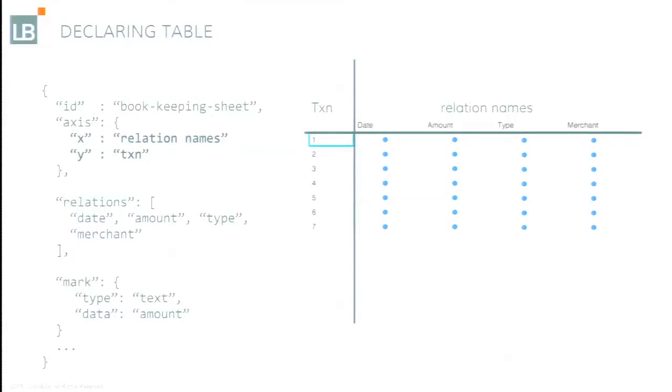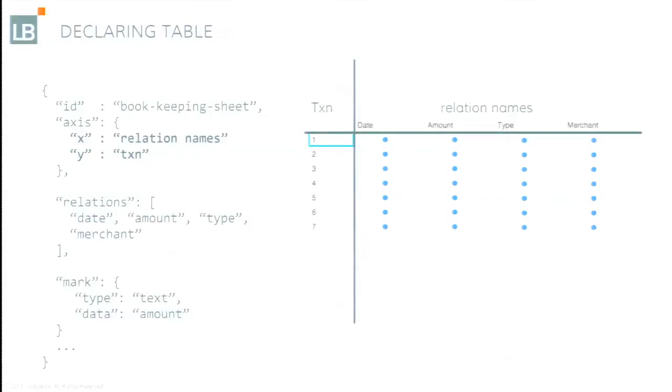And I can restrict the relation names that are used so that I don't display every relation in my system. I have date, amount, type, and merchant. On the y-axis, put the transaction. Okay? And I get a table like this where wherever there's a dot, that means there is a tuple for date for transaction 1, amount transaction 1, etc.